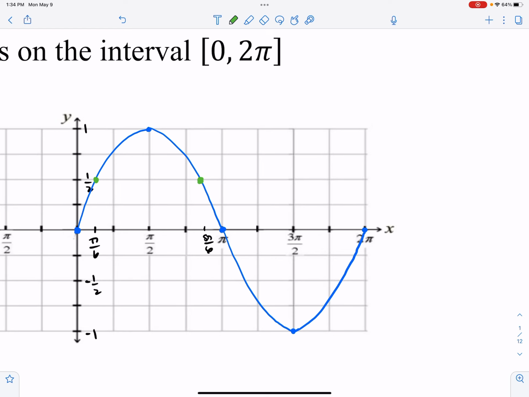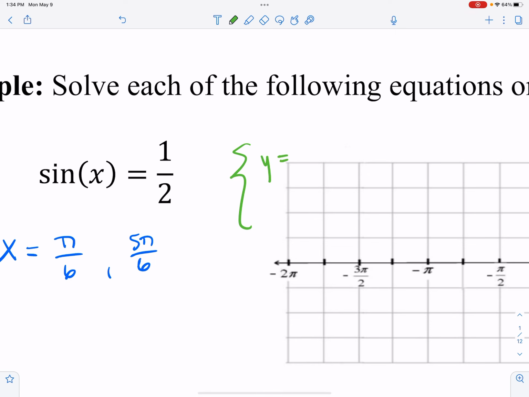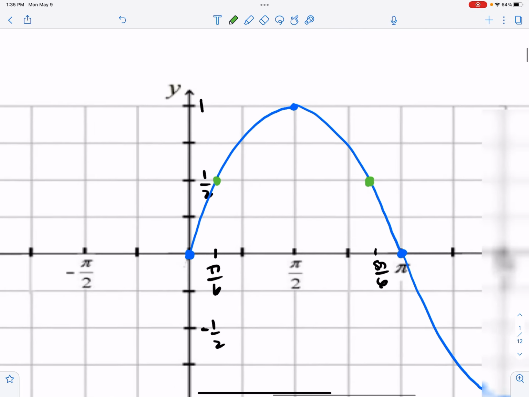You can also think about solving this equation or coming up with the approximate solutions using your TI-84. And you can do that by creating a system of equations here. So if we had one equation, y equals sine of x, and the other equation, y equals 1/2, which is a horizontal line at y equals 1/2.